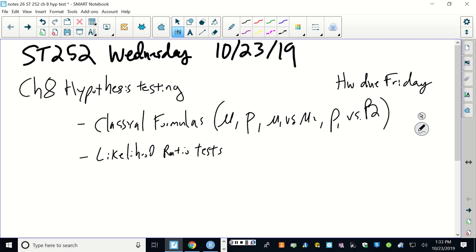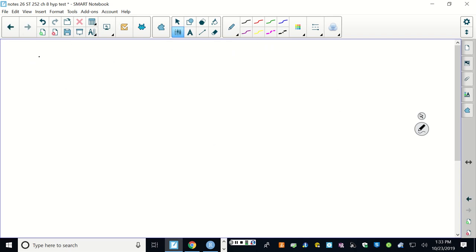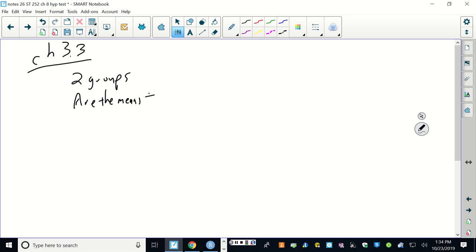So what did we do with hypothesis testing before? Well, this was back in chapter 3.3. We had two groups, and we asked the question, are the means the same? So we start out with a null hypothesis that says yes, they are the same: mu1 equals mu2.